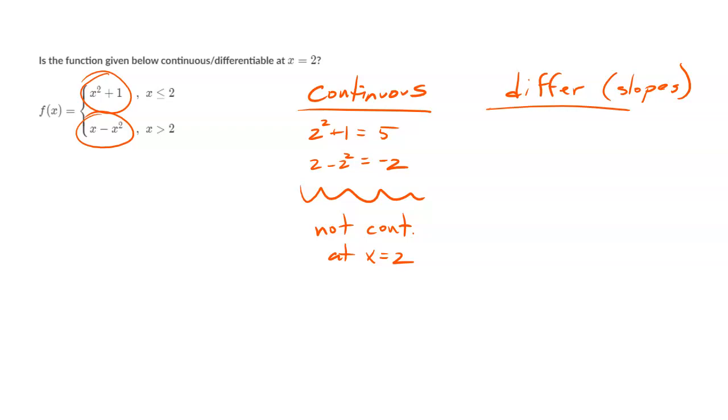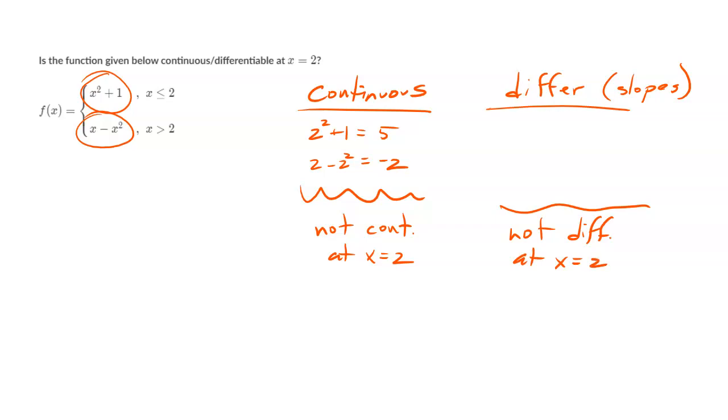Haley, do you think you know why we don't even need to figure it out? Like, why do I already know the answer? Perfect. So the fact that we already figured out it's not continuous at 2 automatically means no matter what we do, it's not differentiable at 2. Even if those two equations have the same slopes coming in, it's not differentiable because it's not continuous.